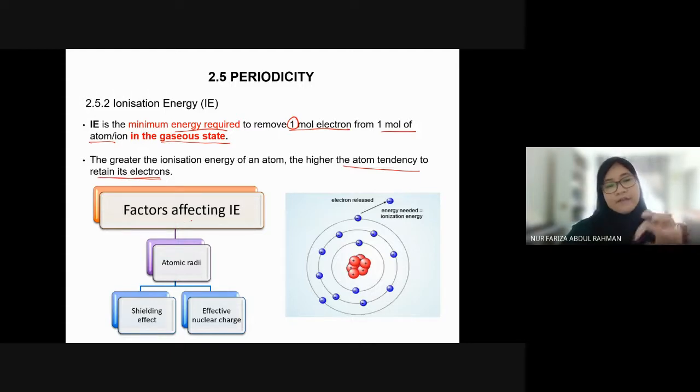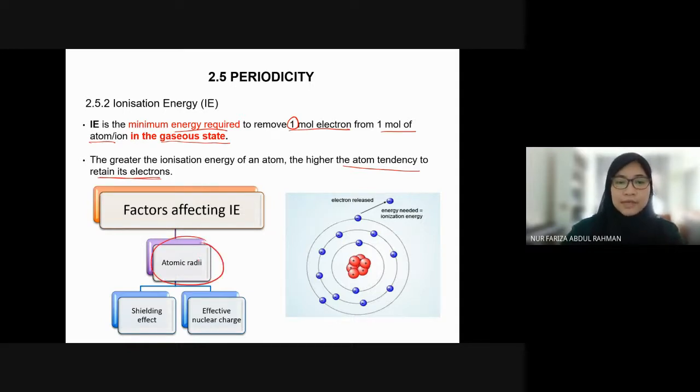Okay, alright. So there are factors that can affect the IE. Okay, so similar to the one that we have for atomic size. Okay, so ini kita ada additional factor guys tu, which is atomic radii.